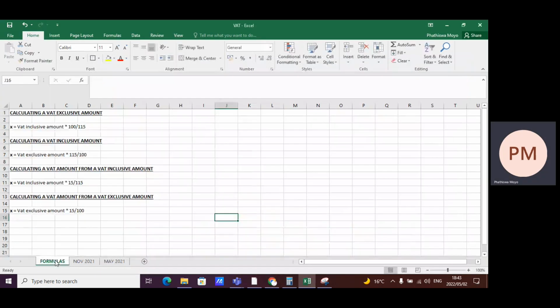Excluding VAT, so you know the formula that we're going to use is this one, 15 divided by 100.